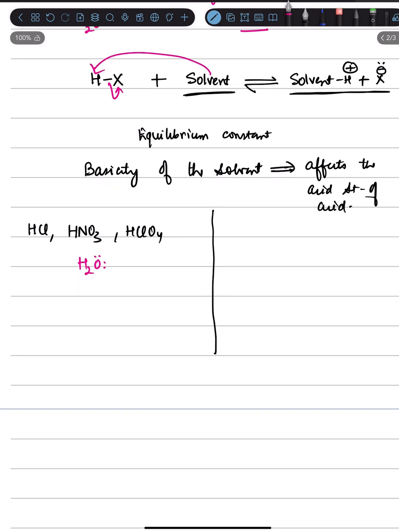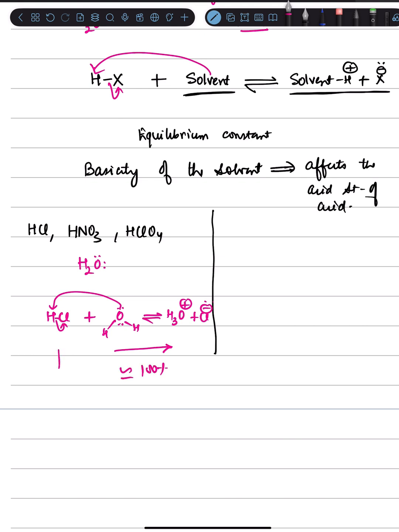So what is observed experimentally when you dissolve all these acids in water? HCl plus water: water takes up the proton, and what you get is hydronium ion plus chloride ion. In such a reaction, the equilibrium is almost 100% towards the product side.